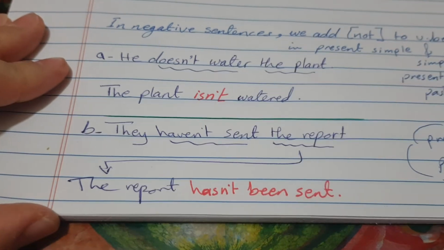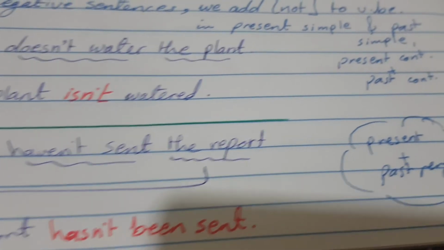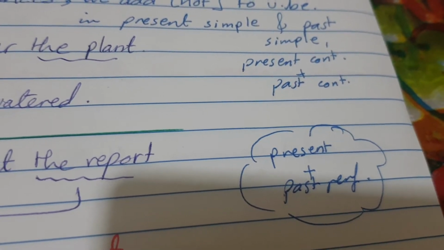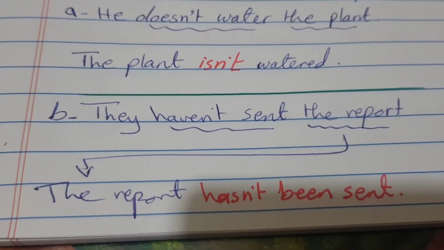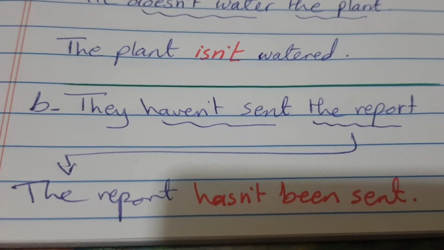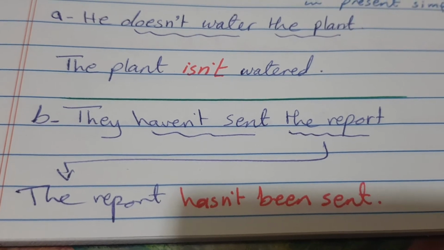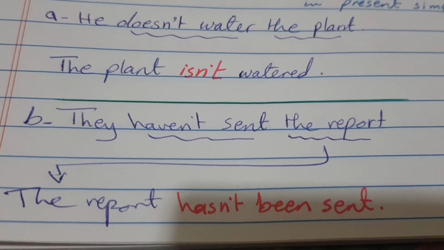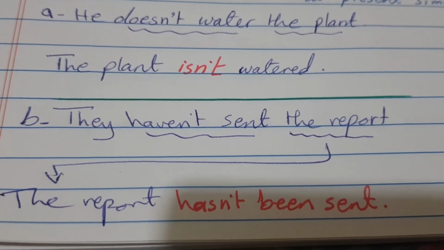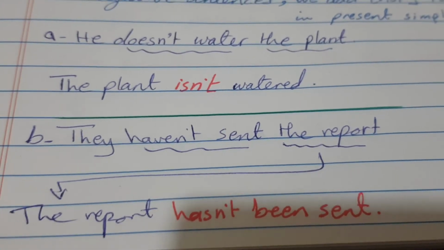Now, when we have the sentence in present or past perfect, of course, the negative is added to verb to have itself. They haven't sent the report. So, haven't sent, present perfect simple. The report, object, and singular.